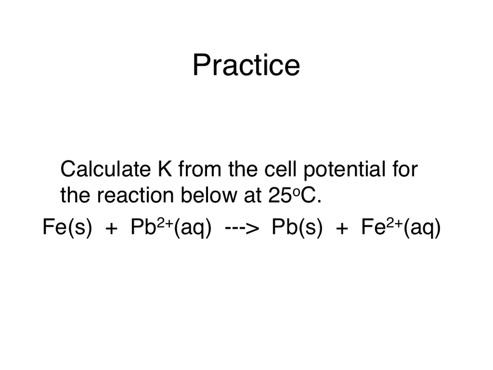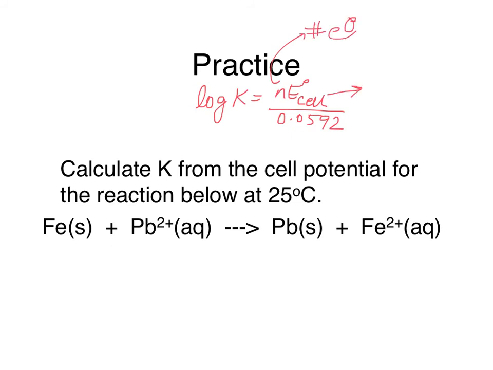The question is: calculate K from the cell potential for the reaction below. So we just saw a version of the Nernst equation, which is log K is n E naught cell divided by 0.0592. If I know the number of electrons, and if I know E naught cell, which I can simply get from the table, I should be able to determine this.